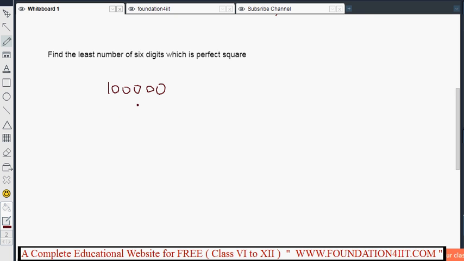Now let's find the square root of this. The method is the same. From the first pair we'll take 10. So 3 threes are 9. Subtraction is 1. Next take the 2 zeros as it is. 3 becomes 9.